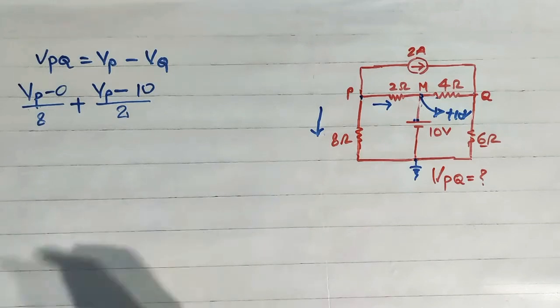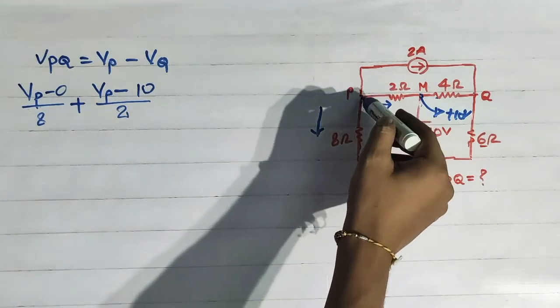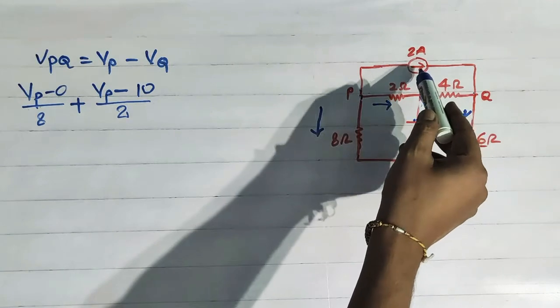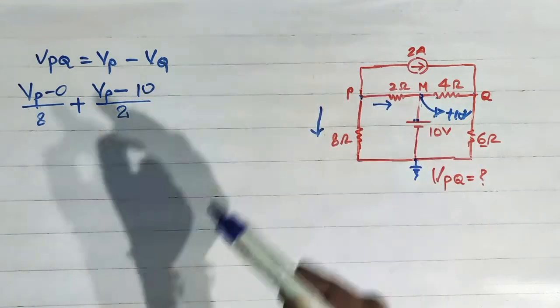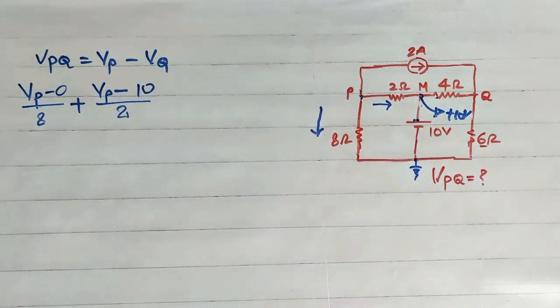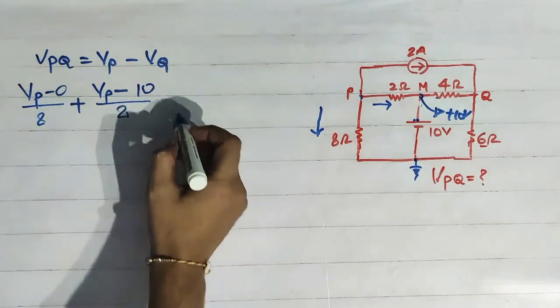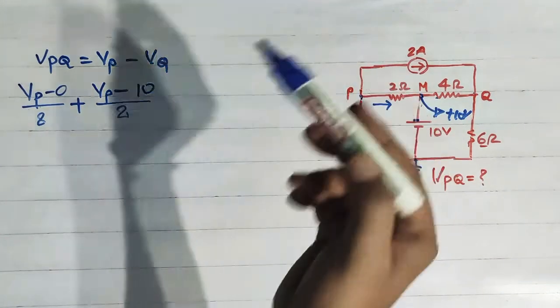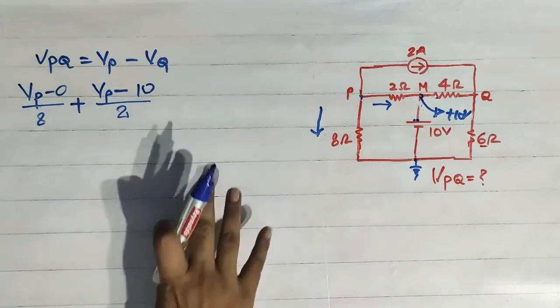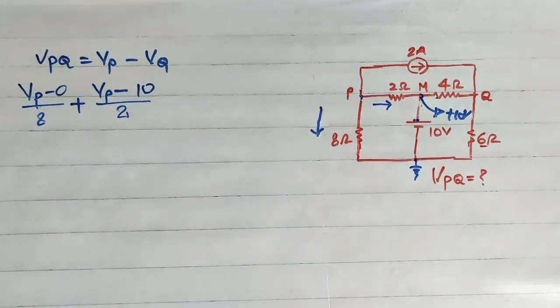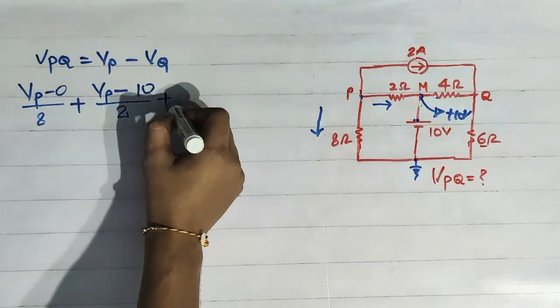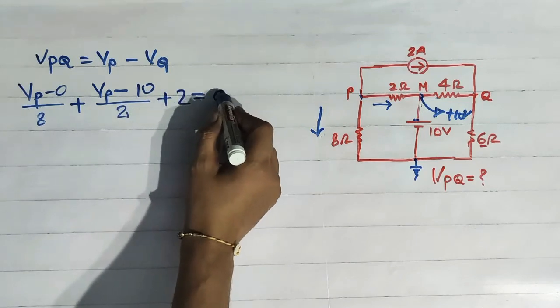Now what is the current at this node? This 2 ampere is leaving node P, and these are also leaving node P. So the sum of all these currents must equal 0, that's why plus 2 equals 0.